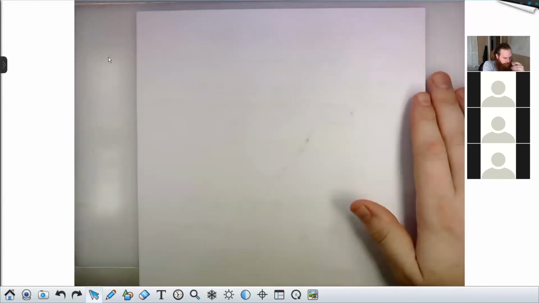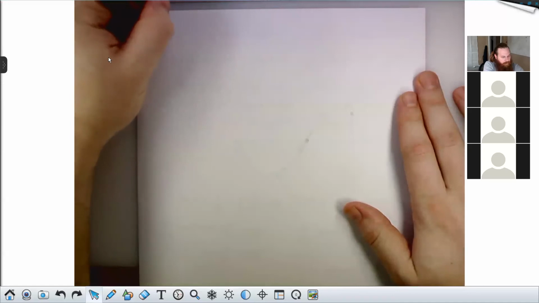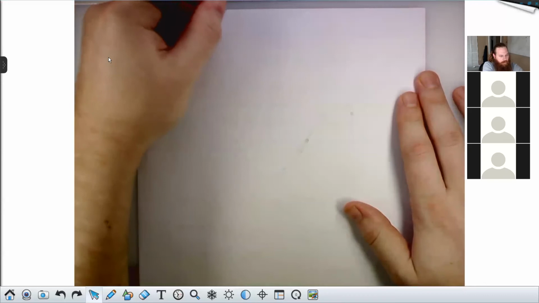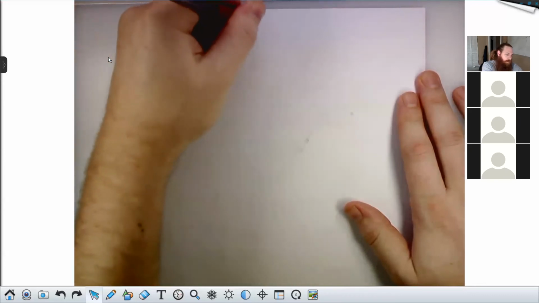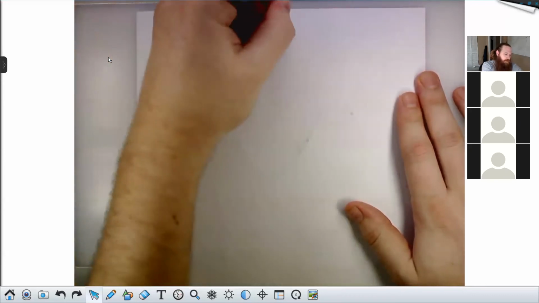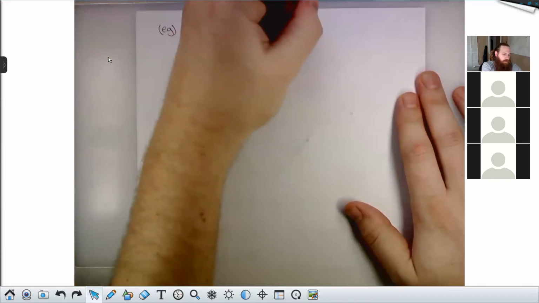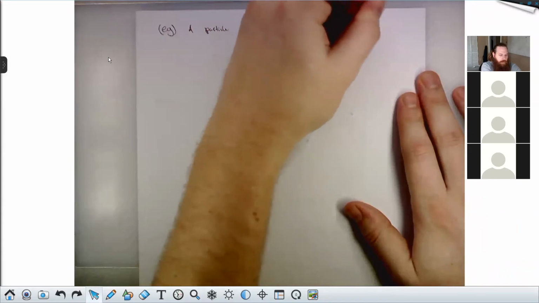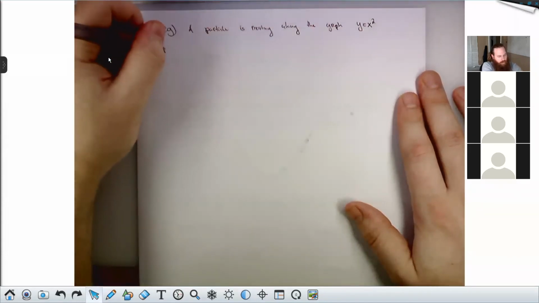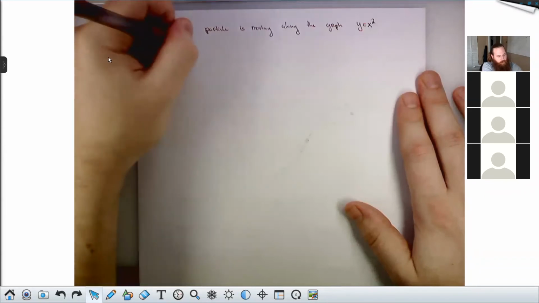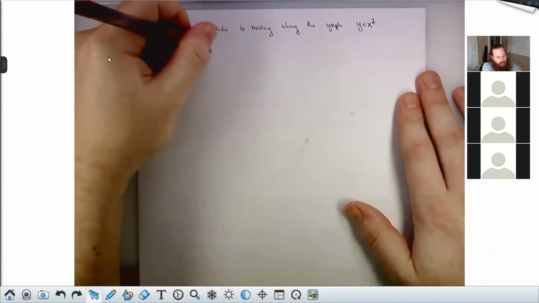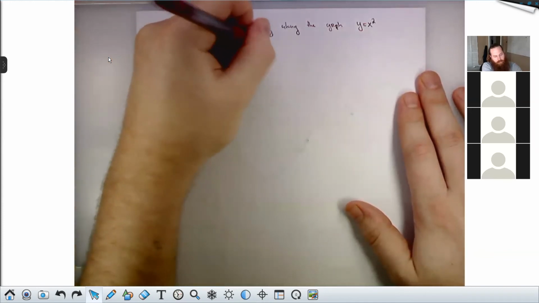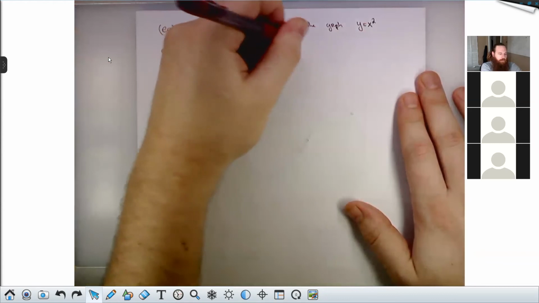All right. Same sort of business here. A particle is moving along the graph y equals x squared at a horizontal speed of 1 unit per second.